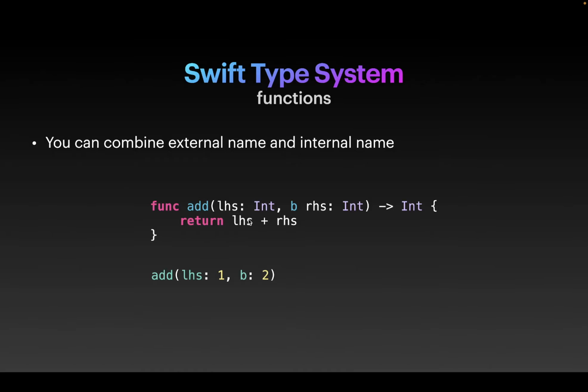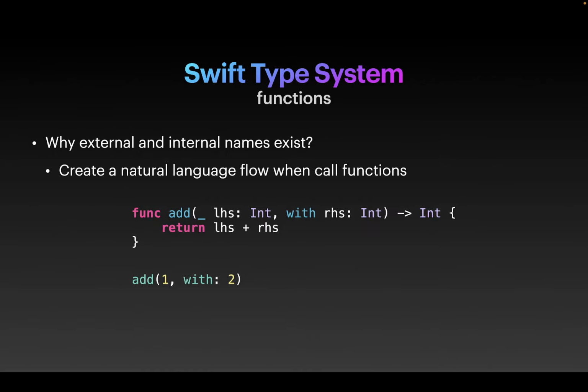Now, let's think about why Swift actually wants to have this feature, why it wants to have external names and internal names at the same time. The reason is the Swift team wants to create a natural language flow when you call functions or when you're programming. So for example, I can change the definition to this. For the first argument, I get rid of the external name, okay?